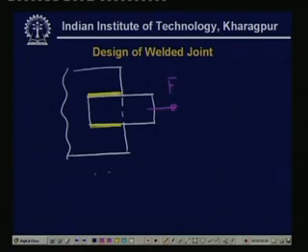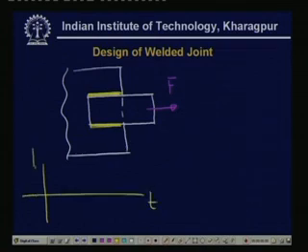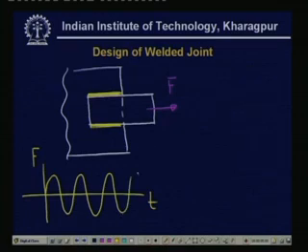Now let us take this distribution of the force with time to be totally sinusoidal. In this case, you can find that F mean is equal to 0, and F amplitude is nothing but this amplitude.